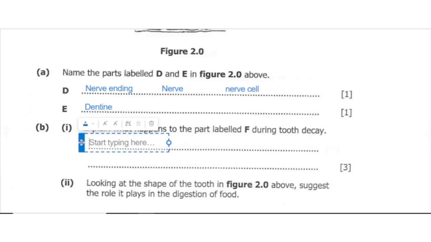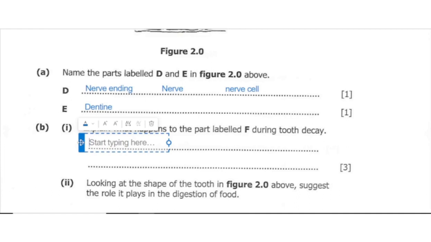Why are bacteria accumulating in your mouth? Because there are some food substances, sweet substances. Even if we eat ugali, we don't feel the sweetness as we eat.